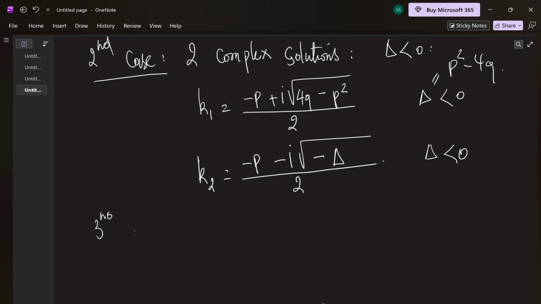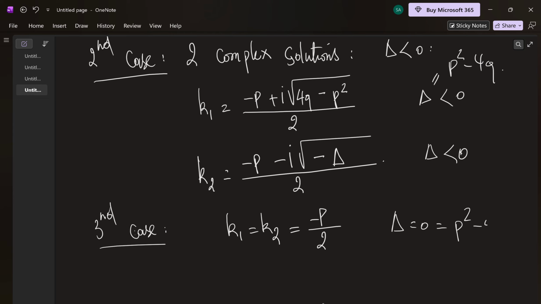The third case is simply that you will have K1 is equal to K2 is equal to some real number, minus p over 2. So we have multiplicity 2, and this is the case where delta is equal to 0, that is p squared minus 4q is equal to 0.